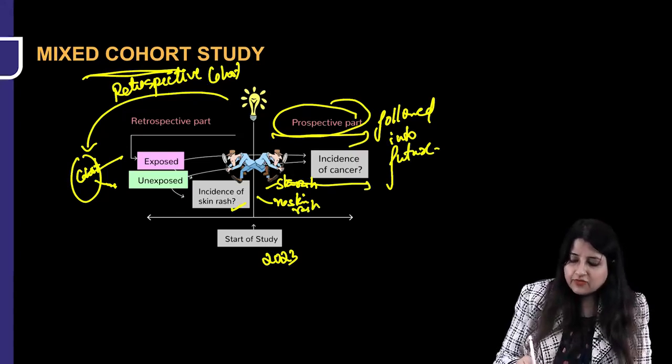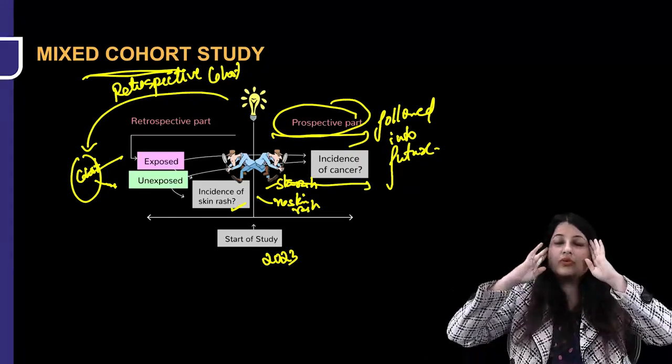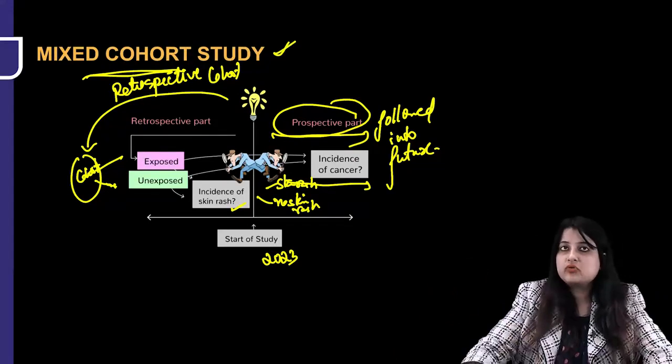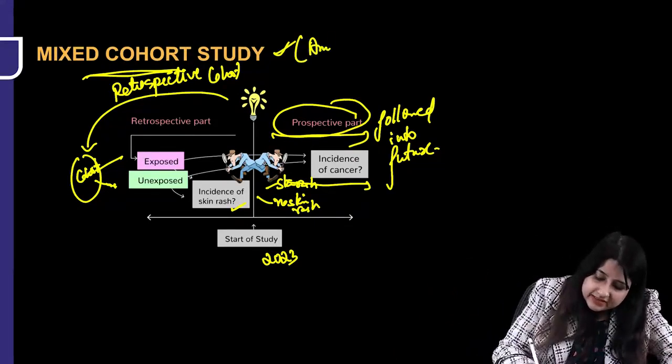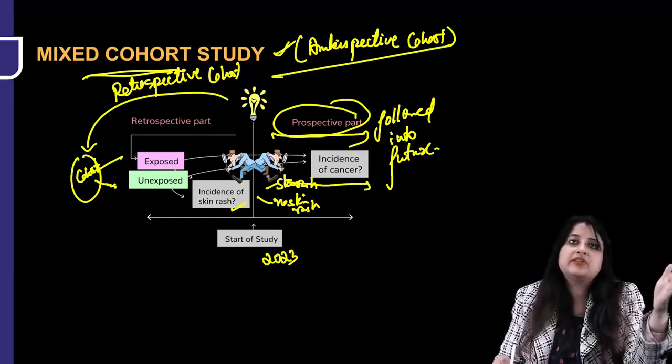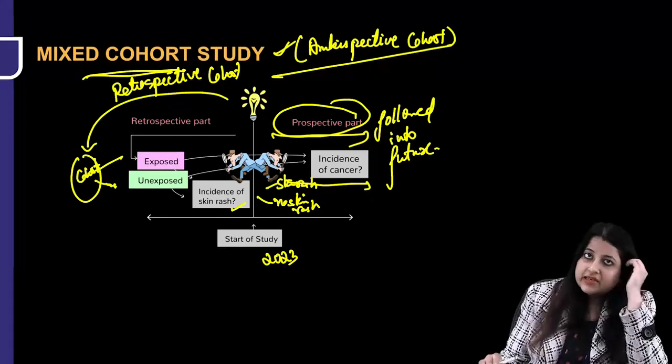And then we followed them into the future to look at how many went on to develop cancer and how many don't. So this is a mixed cohort. Mixed cohort, there was another term, please remember, ambispective cohort. Okay, and whenever you have mixed cohort, it means both retrospective and prospective part combined.